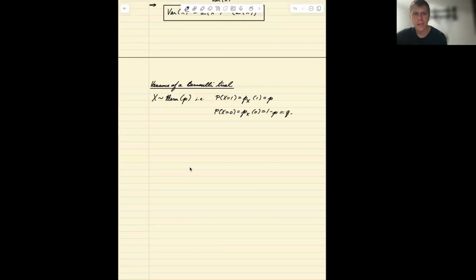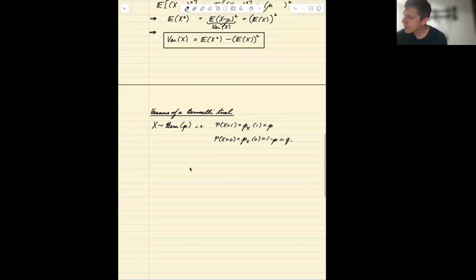Okay, then what's the variance of x? To calculate the variance of x using this formula, we have to be able to calculate the expectation of x and the expectation of x squared. So what's the expectation of x? In general, it's the weighted average of all possible values, weighted by the probability masses.